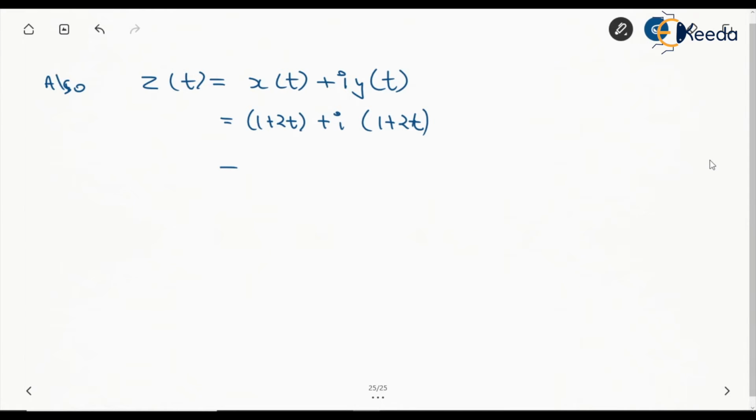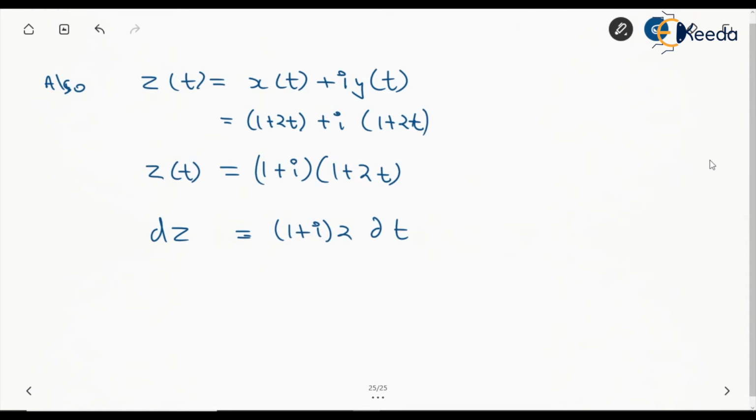And if you want, we can take this common, 1 plus i times 1 plus 2t. So we can write that this dz is going to be 1 plus i, and the differentiation of 1 plus 2t in terms of t will be 2 times dt, or otherwise dz by dt is 2 times 1 plus i, right?